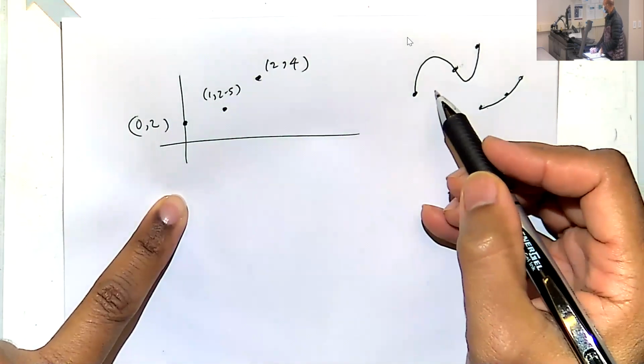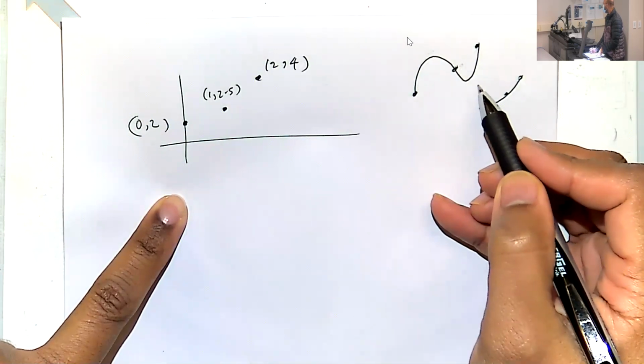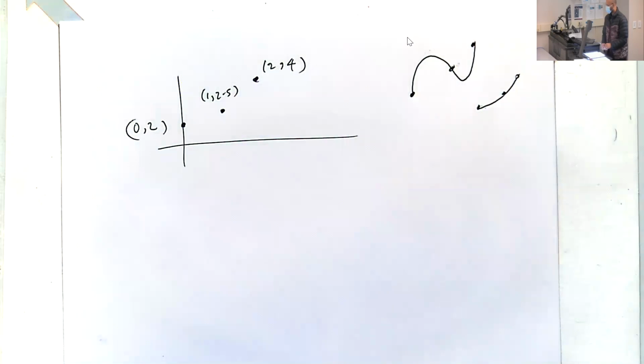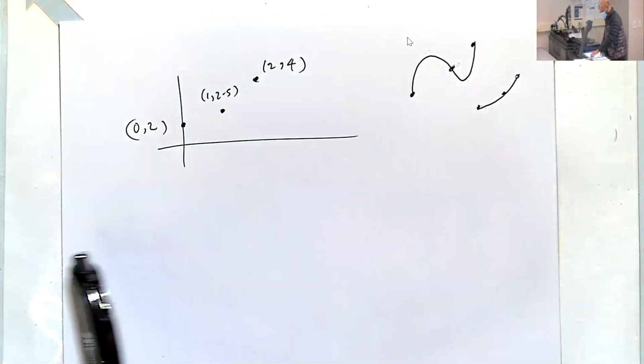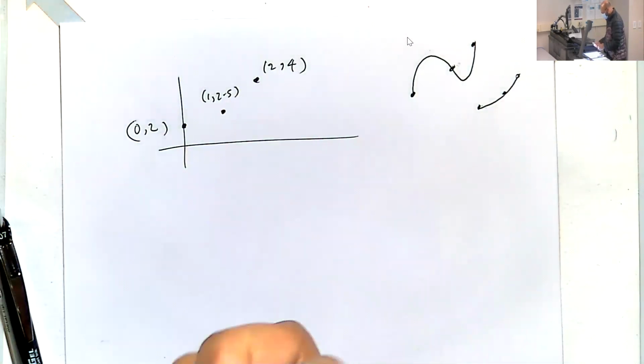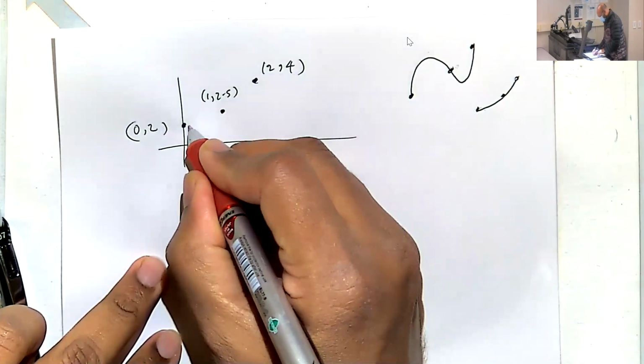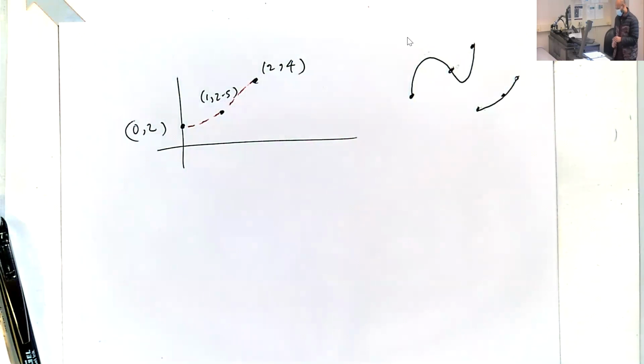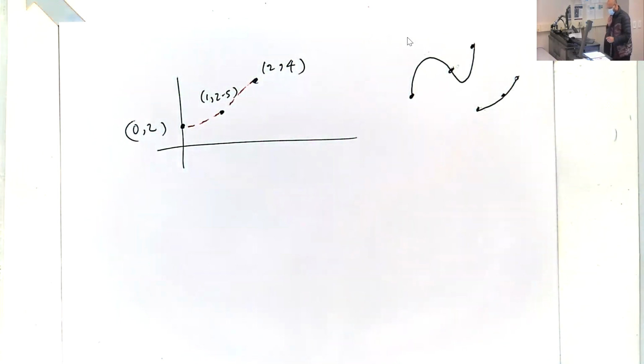So we don't know whether the real function would look like that or like that. But the first question says, the best we can do with this is approximate it using a parabola. We can't do any better.